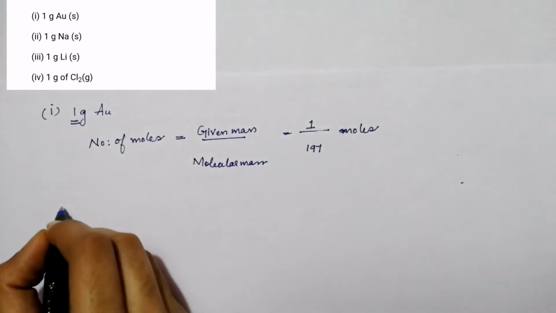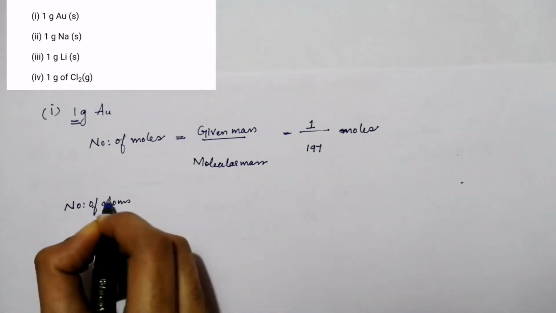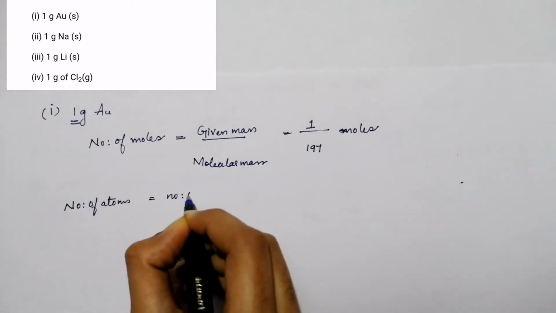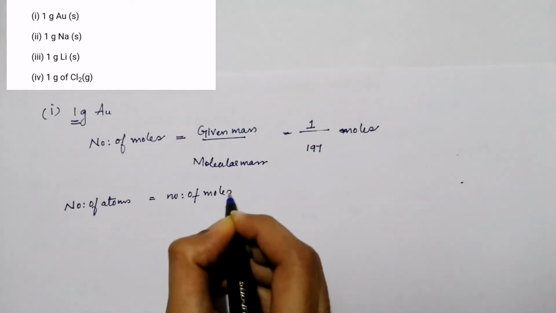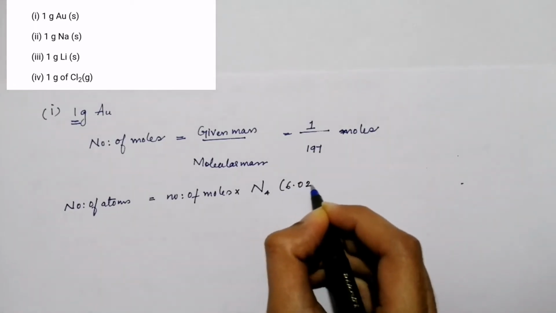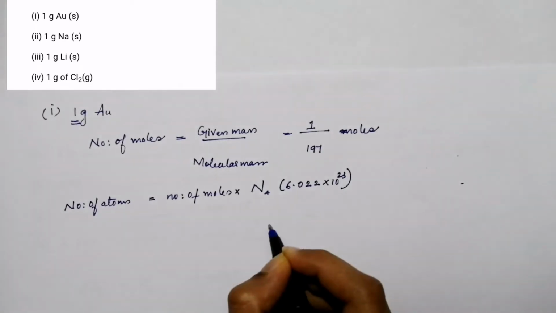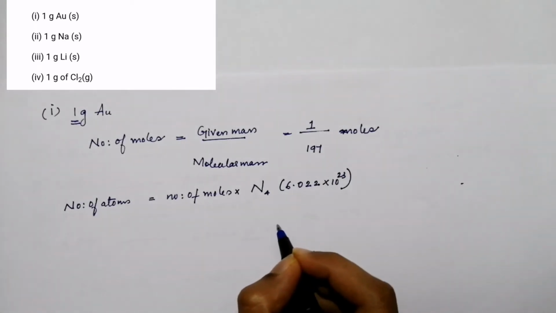Now we know that in order to calculate the number of atoms, we have to multiply this number of moles with the Avogadro number, that is 6.022 into 10 power 23. By doing this, we get the number of atoms present.